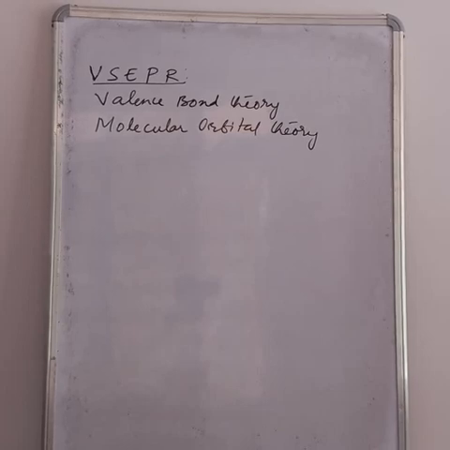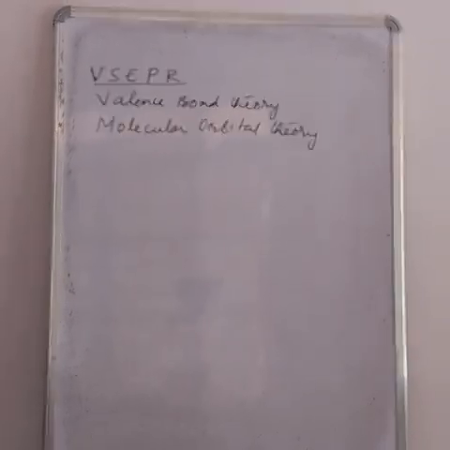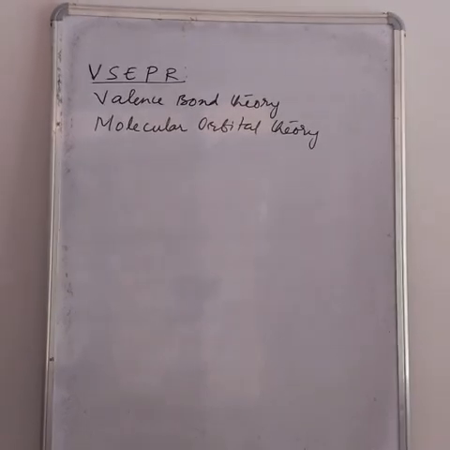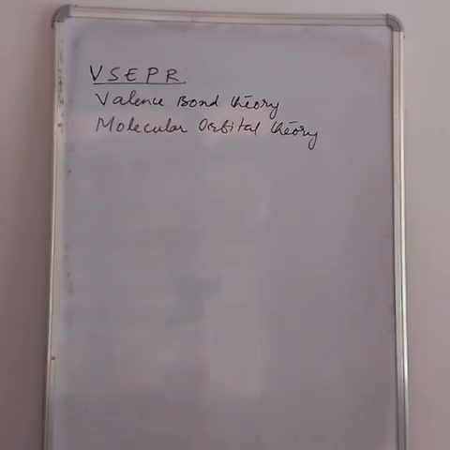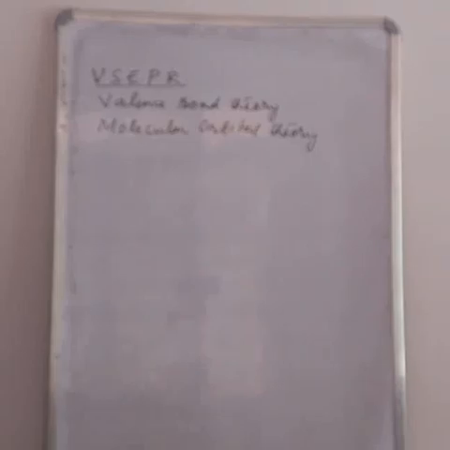But this does not give any idea about the bond dissociation enthalpies or the bond lengths in different molecules. So the simple picture of covalent bonding gives us no idea about the shapes of polyatomic molecules. Therefore, to overcome these limitations, valence bond theory was adopted.